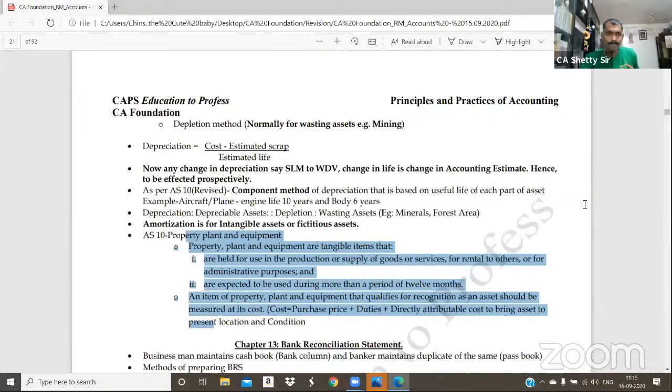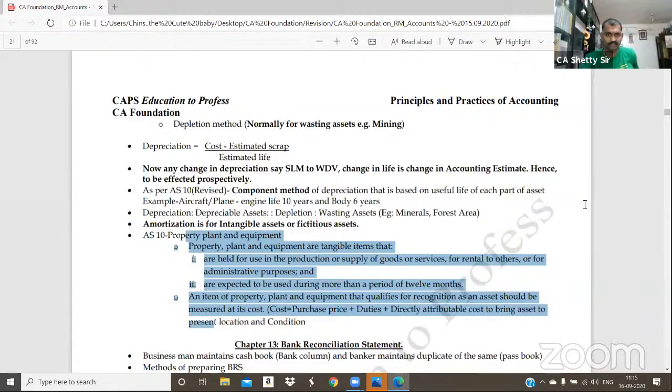Example: cost of the asset 100 lakh. Estimated residual value or scrap value 10 lakh. Life 10 years.